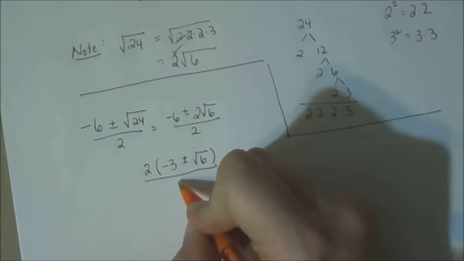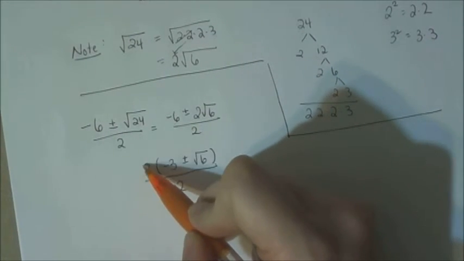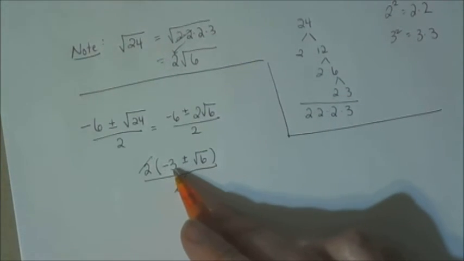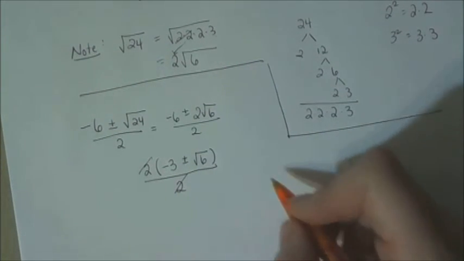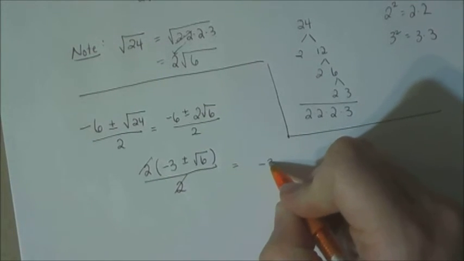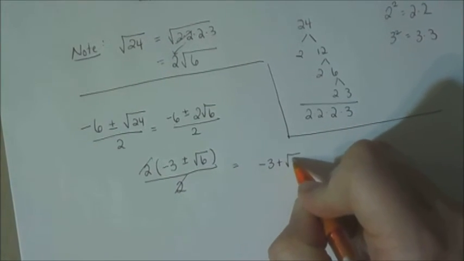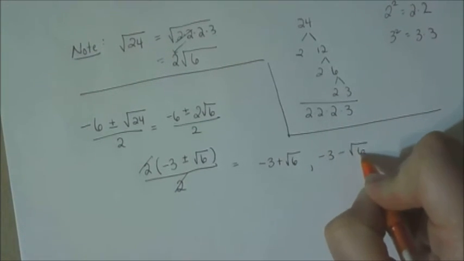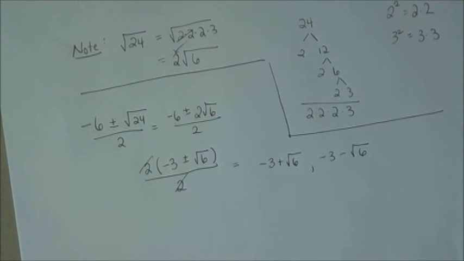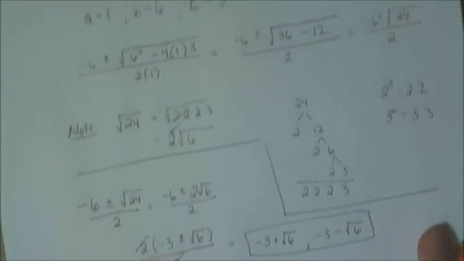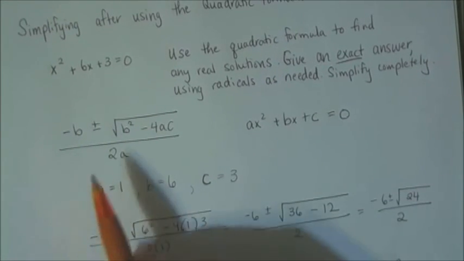And then on the bottom I have a 2, and I can cancel this 2 with this 2, and I'm just left with -3 plus or minus the square root of 6. And if I wanted to write that as two separate answers, I would write -3 plus the square root of 6 and -3 minus the square root of 6. And those would be my final answers for this quadratic equation that I had up here.